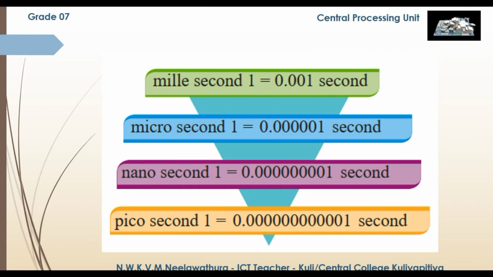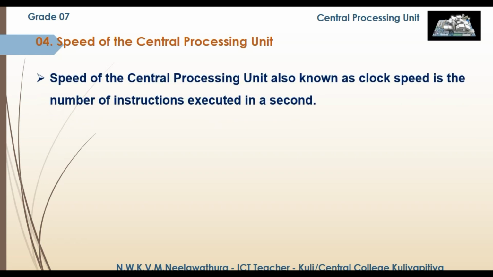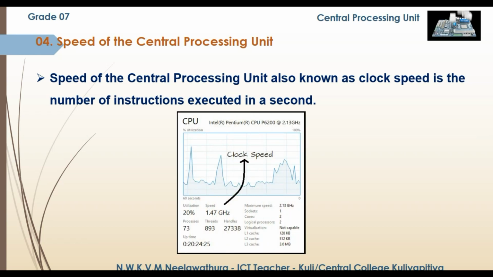Look at this image. Now you can see on the screen millisecond, microsecond, nanosecond and the picosecond. Let's go to the next lesson. Speed of the central processing unit. Speed of the central processing unit, also known as clock speed, is the number of instructions executed in a second.